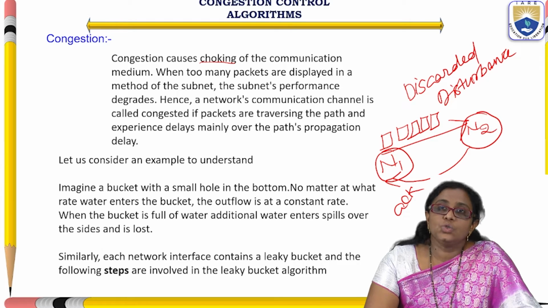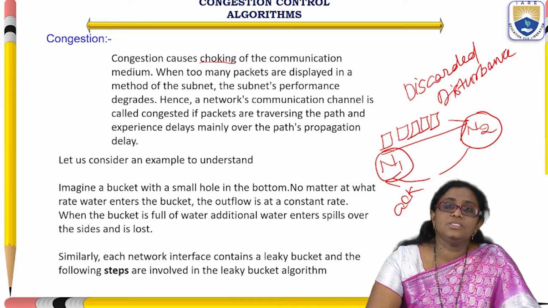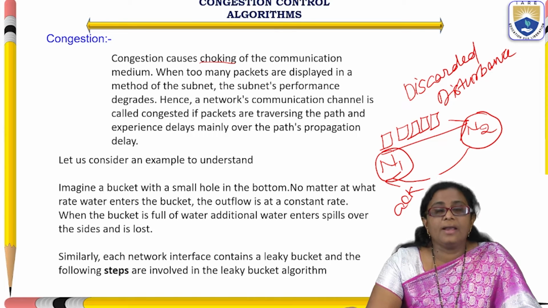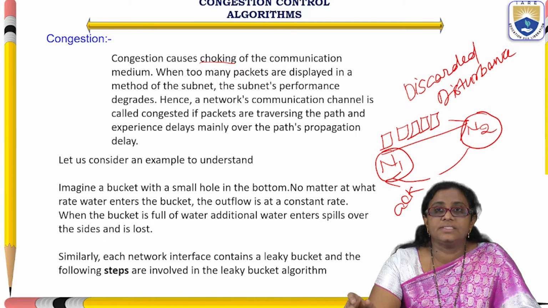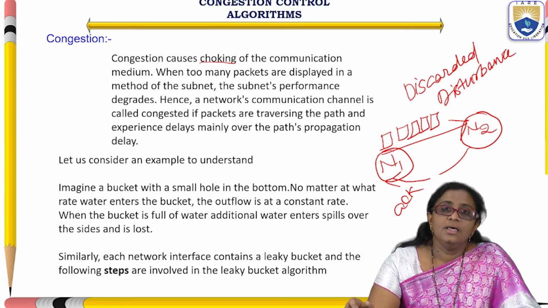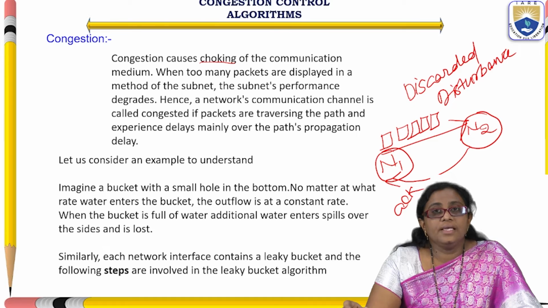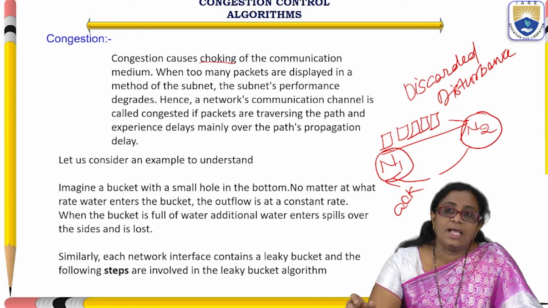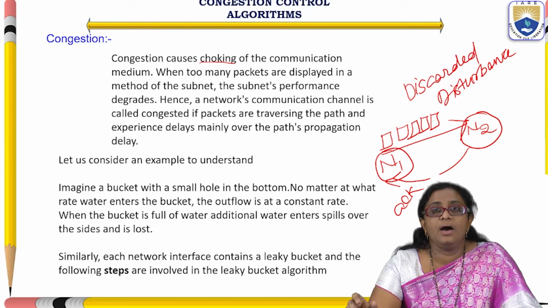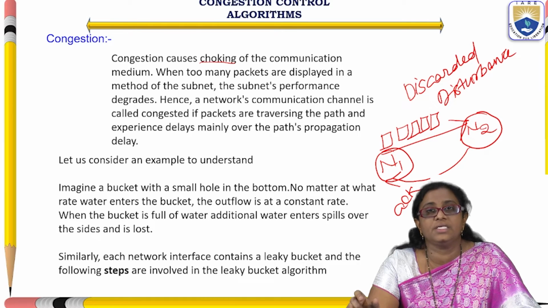So to define it truly, congestion causes choking of the communication medium when too many packets are present in a part of the subnet. The subnet's performance degrades. Hence, a network's communication channel is called congested if packets sent along the path experience delays beyond the path propagation delay.